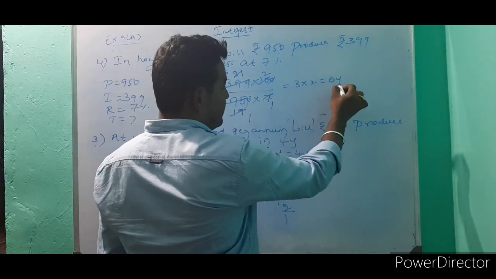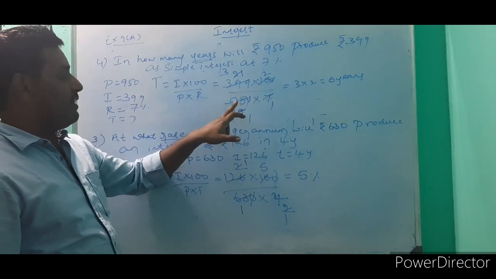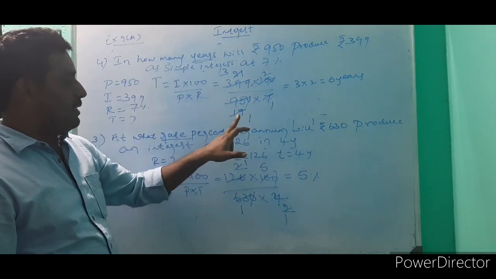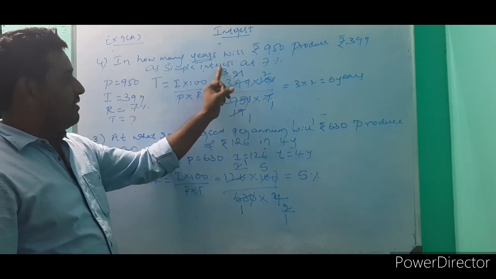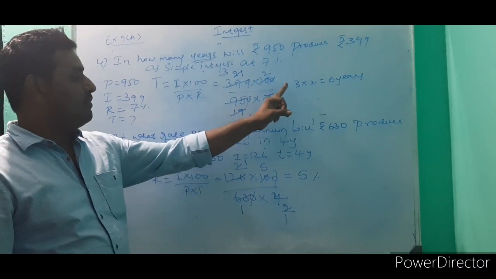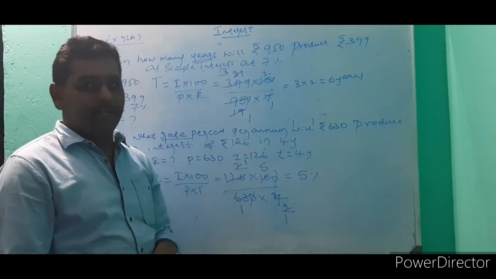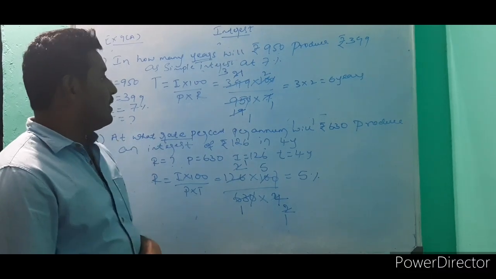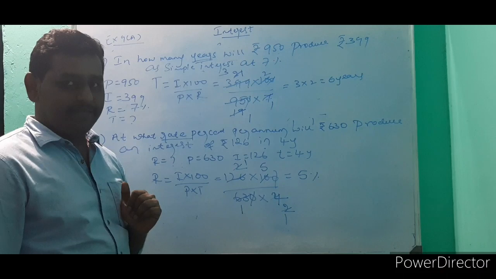That is 6 years. So here 10 gets cancelled. 5 19s are 95, 5 2s are 10, 19 ones are 19, 19 21s are 399, 7 ones are 7, 7 threes are 21. Then 3 and 2 are remaining. If you multiply 3 into 2, that is the time given to get that interest for this principal amount, which is 6 years.